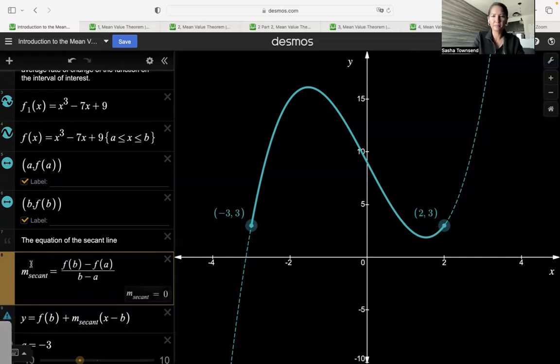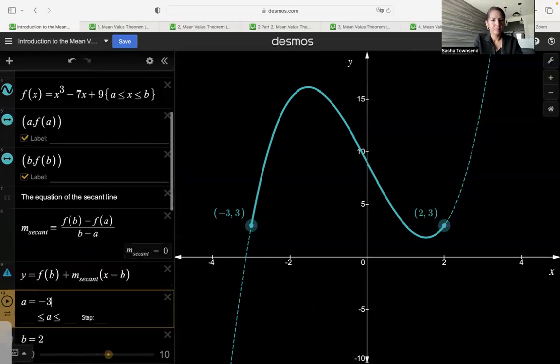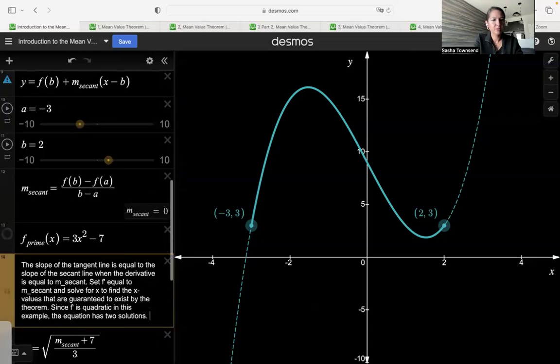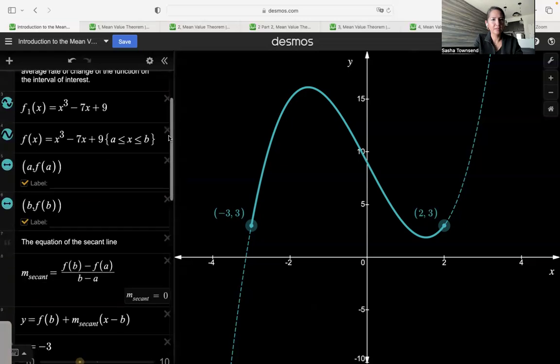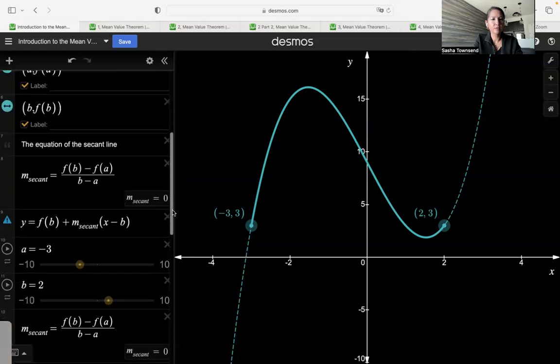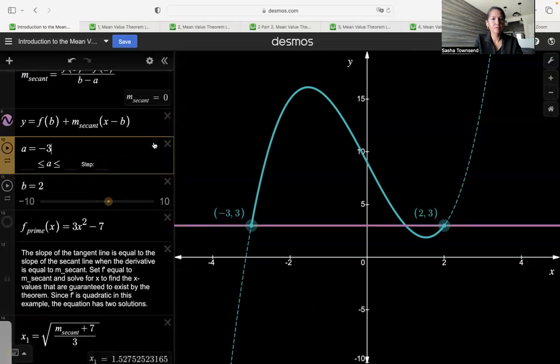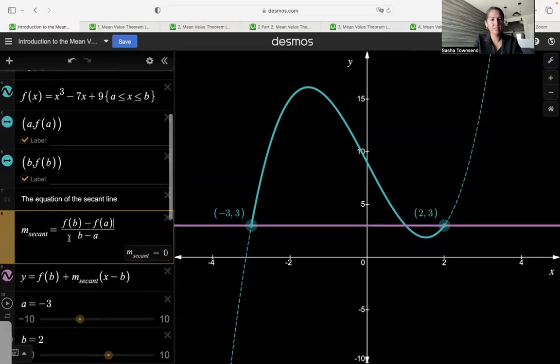Use lowercase m. Okay, they said you defined it in more than one place. Sorry about that. There we go. Thought I got rid of it. Okay, so the slope of the secant is this. The equation of the secant line is that.